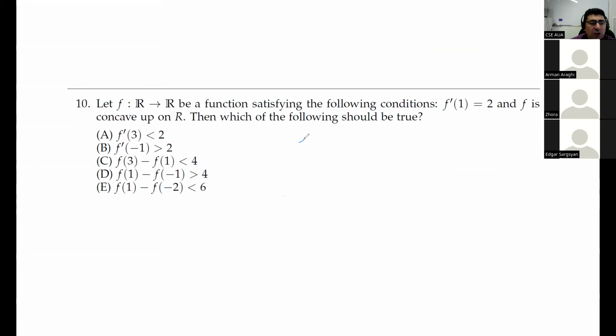So we have the definition: f of alpha x plus 1 minus alpha y is less or equal than alpha f of x plus 1 minus alpha f of y. This is the definition. Is this property needed here? Maybe. Who knows? At first glance, no.